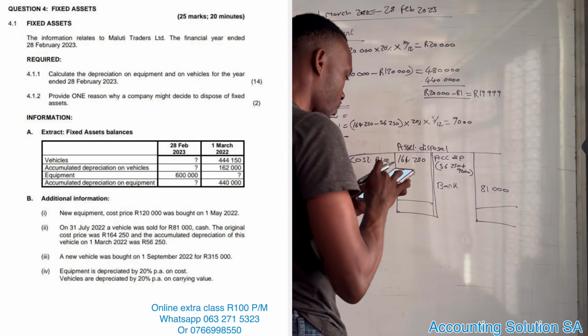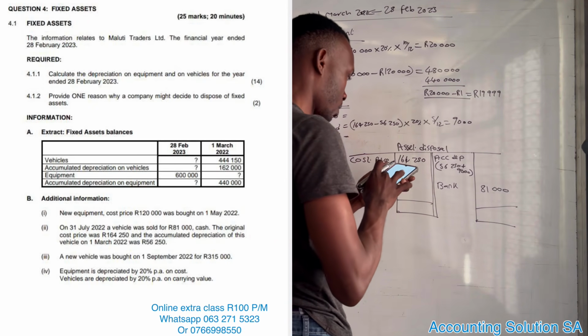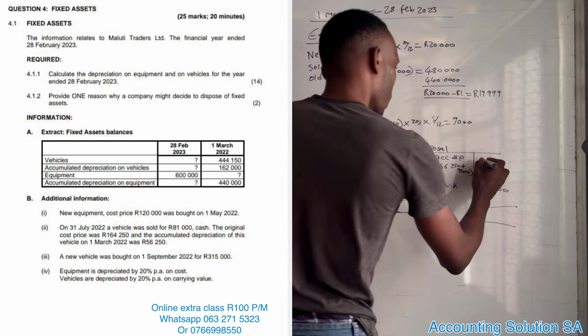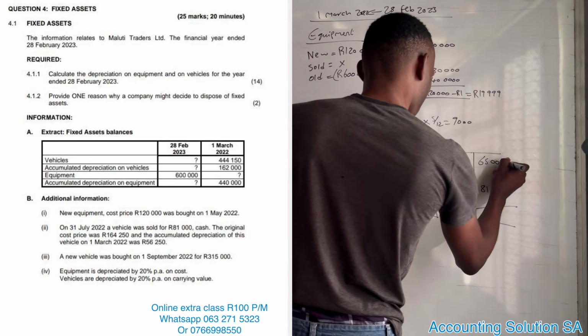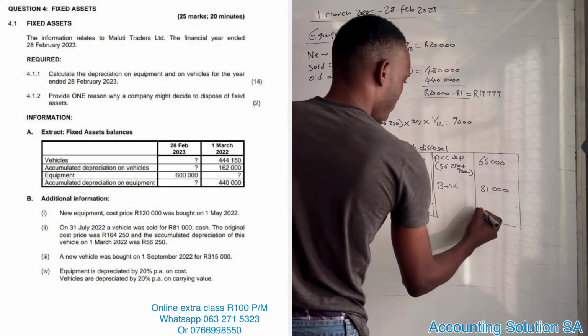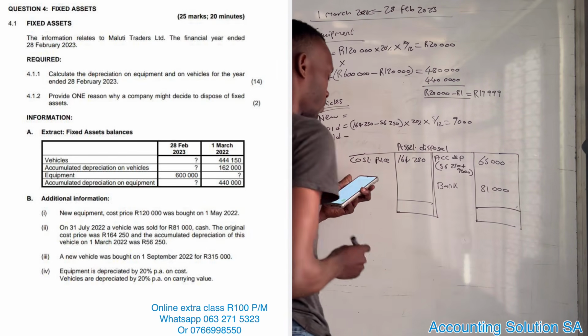This 9,000 is the one that you have to add here, plus 9,000. Because it was not calculated, I have to calculate 56,250 plus 9,000. Then it's 65,250. Remember, this one was not required, guys, but because we are doing practice, you have to know it. Why not?